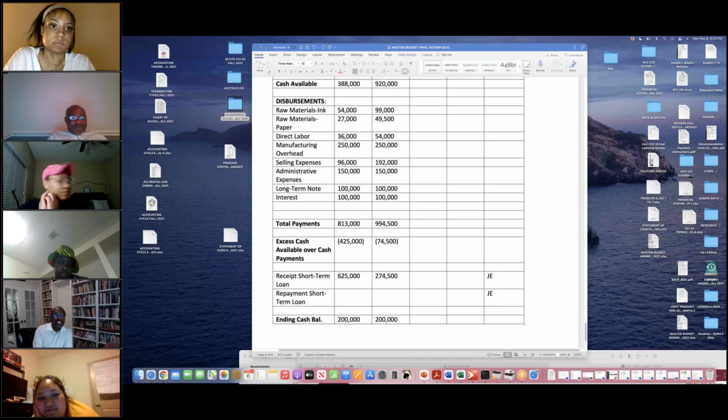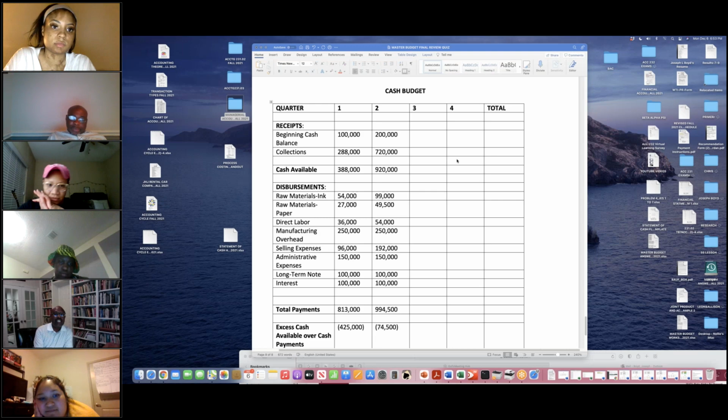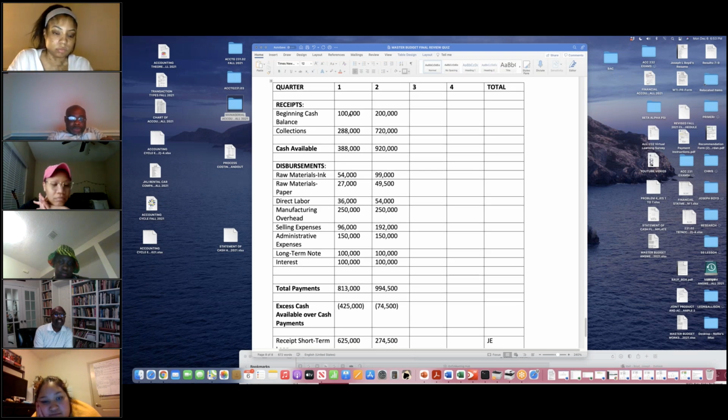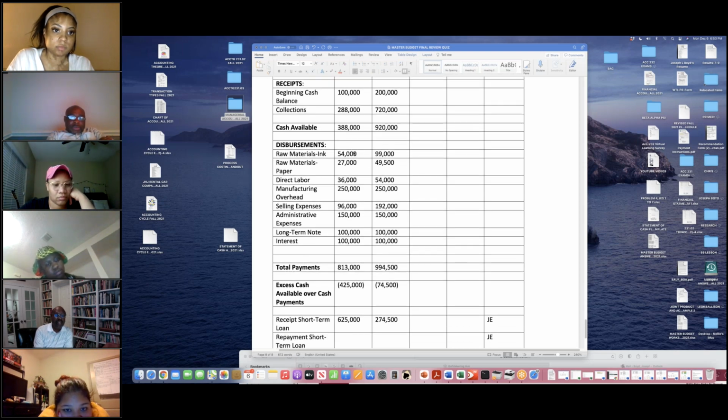Let me go back to the screen again. If I was looking at this sheet, we have this number, right? But we didn't have any of these right because we didn't have the right quantities. So all three of these were wrong.